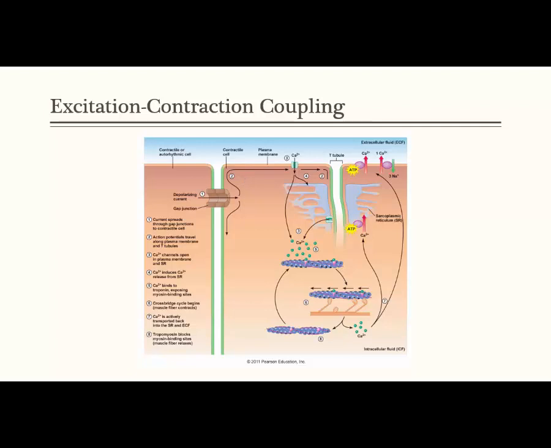That action potential is transmitted through T-tubules to the interior of the muscle fiber, where there are voltage gated channels that open, that cause release of calcium, largely from the sarcoplasmic reticulum, but also from this little bit of extracellular fluid that is in the T-tubule.